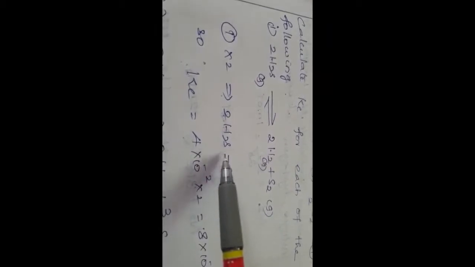So that equation is similar to the given equation, first subdivision. Kc value for the first equation is 4 into 10 power minus 2. So the given equation is twice of that equation. So Kc is also multiplied by 2, means we can get 8 into 10 power minus 2.